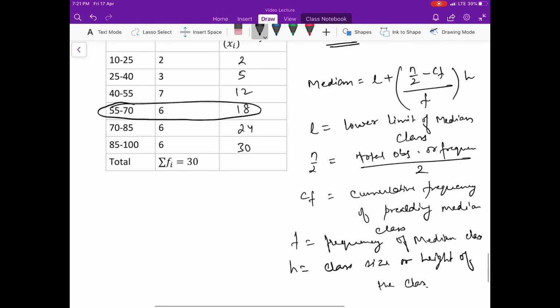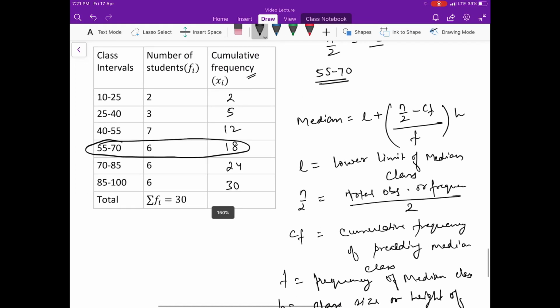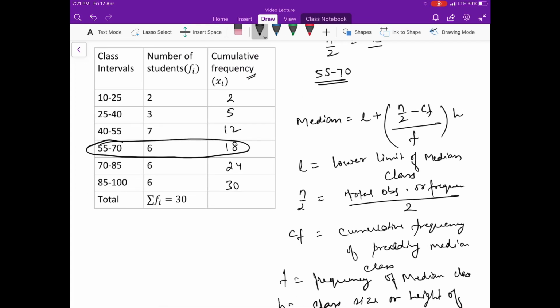Let us see what these values are as per the given table. The lower limit of the median class is L equal to 55, since the median class is 55 to 70. n by 2 we already calculated, that is 30 by 2, which is 15.